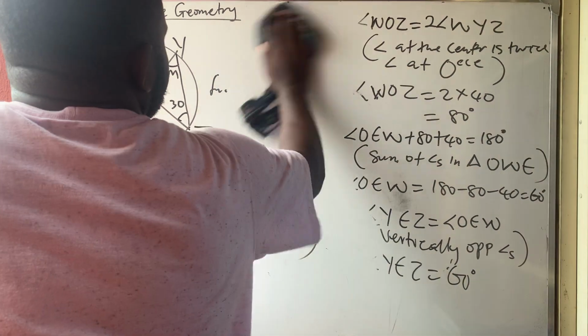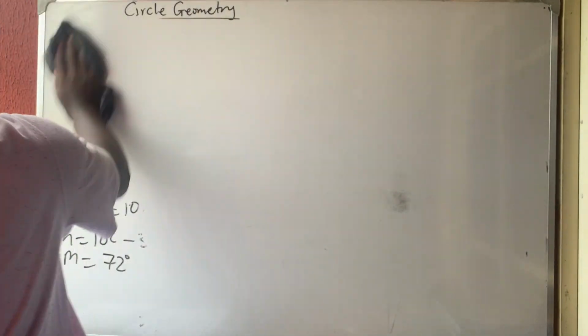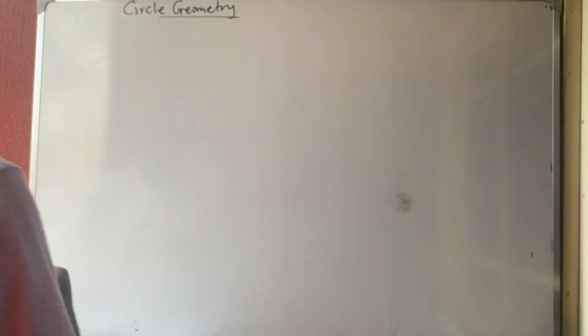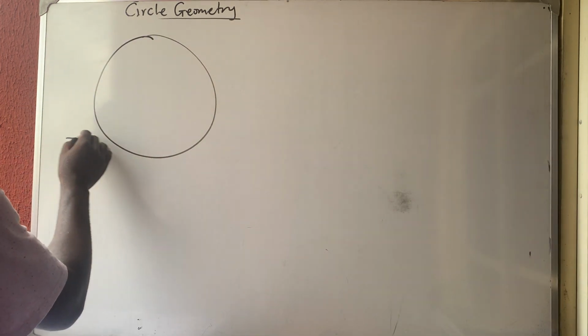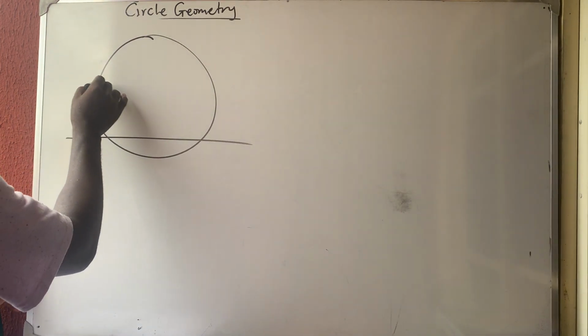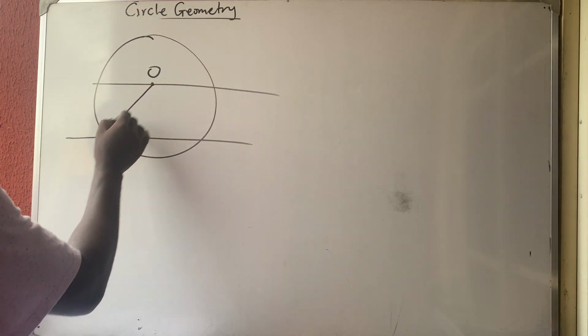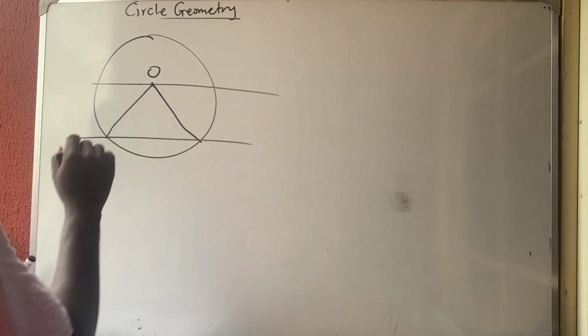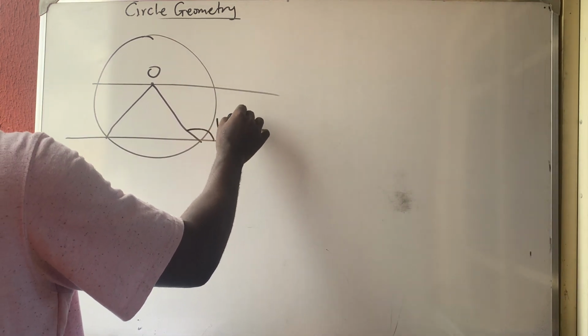The next question. So the next question here said they gave us a triangle like this. They gave us a line like this and another one at the center O. And they said that this one came this way, and they gave us that here is 140 degrees.